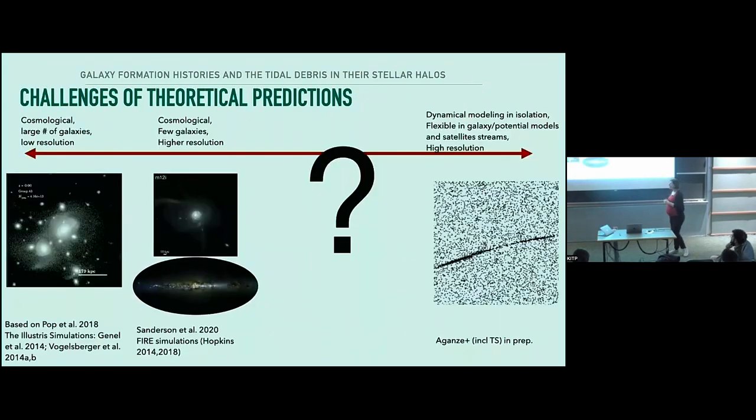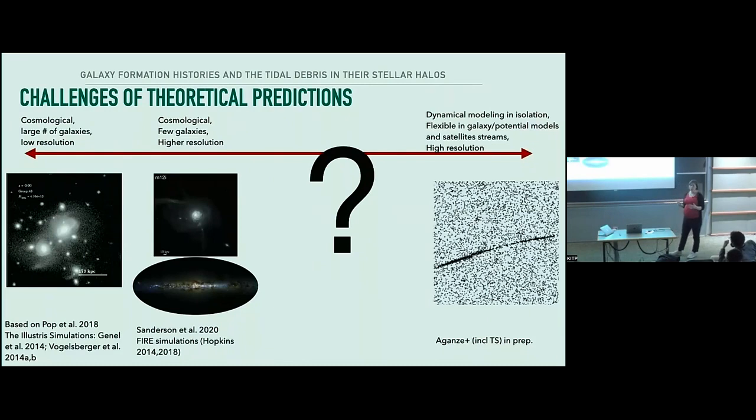So if we look at the theory space, there are a lot of different ways in which you can work on stellar halos. We can look at large cosmological galaxy formation models that have many, many galaxies, but fairly low resolution. They do have the cosmological context. You can go to slightly smaller zoom-in simulations that look closely at one galaxy or a few galaxies.